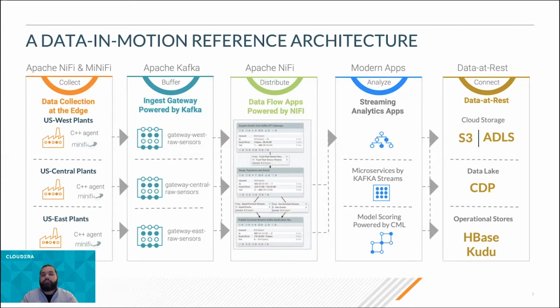And then for further analysis, we usually store the data at rest. It can be object storage in the cloud, a data lake in a more traditional way, or also some kind of operational data layer like HBase or Kudu for fast data, okay?